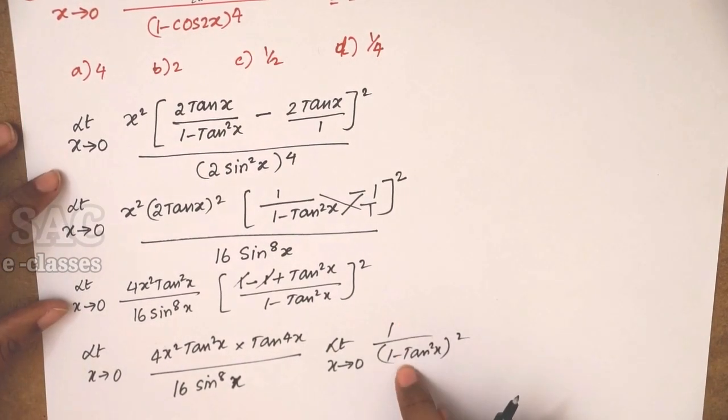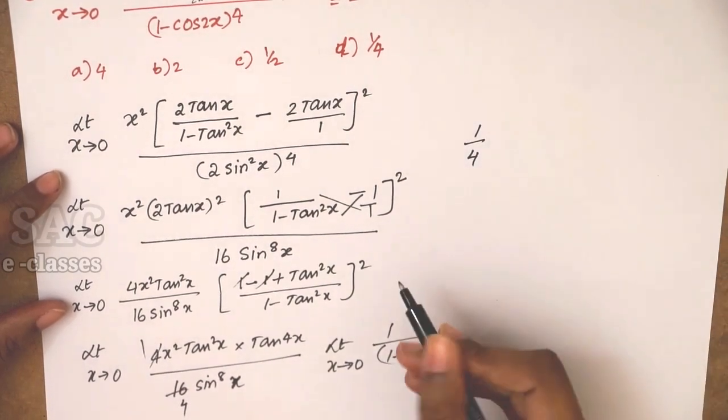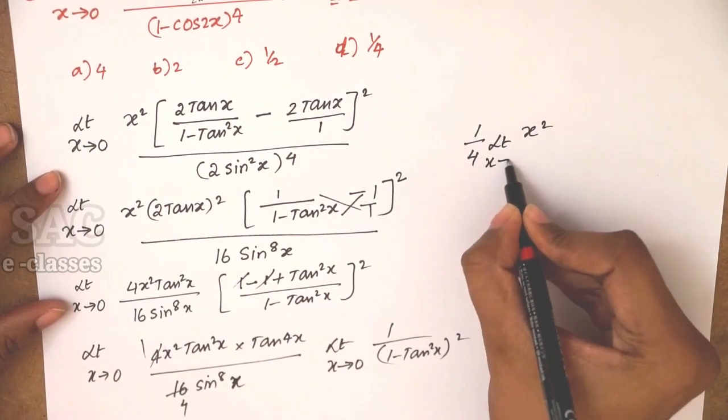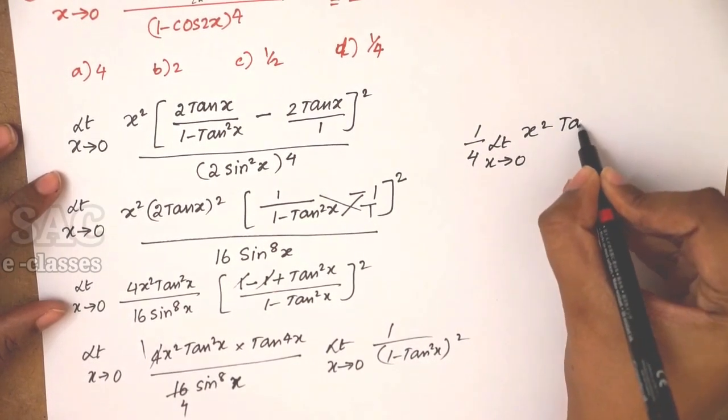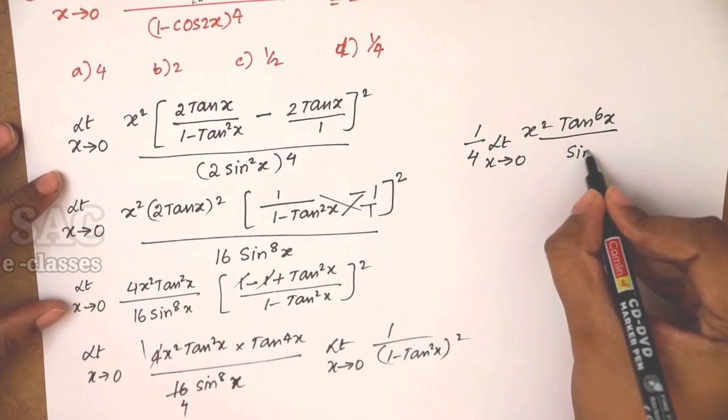Clearly it is 1 by 1 because tan 0 is 0, 1 minus 0 is 1, 1 by 1 is 1. Let's simplify. We got 1 by 4 into x square tan power 6 x by sin power 8 x.